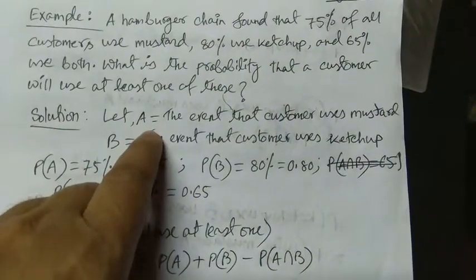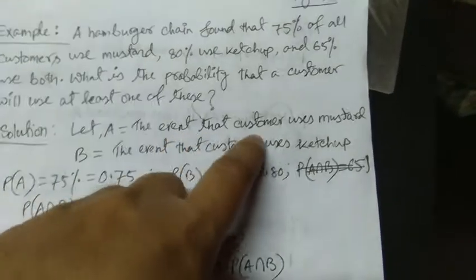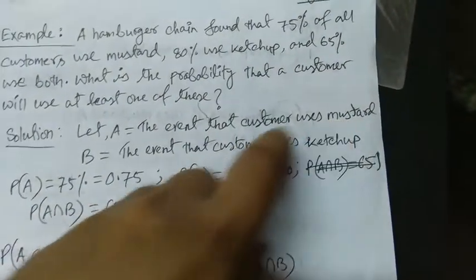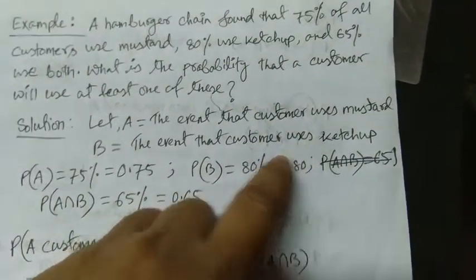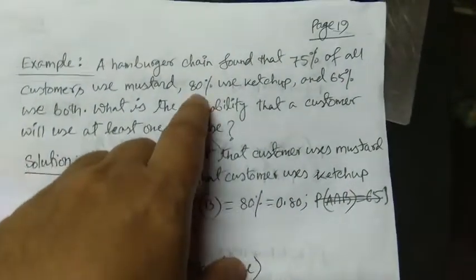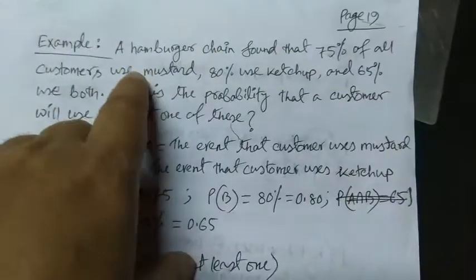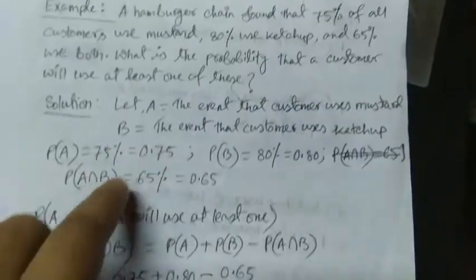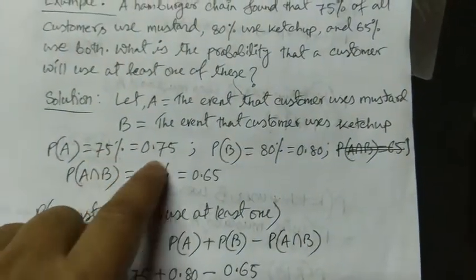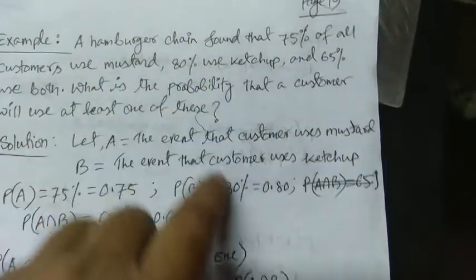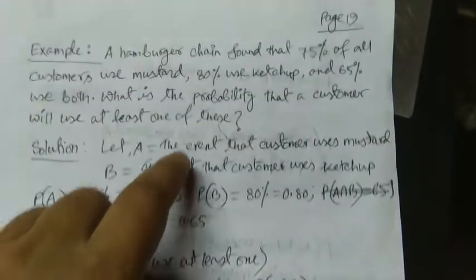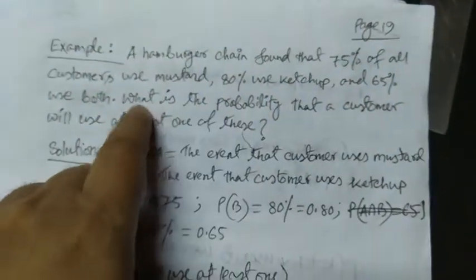Let A be the event that the customer uses mustard and B be the event that the customer uses ketchup. Probability of A: 75% of all customers use mustard, so the probability of using mustard is 0.75. Probability of ketchup use is 80%, that means 0.80. And 65% use both.